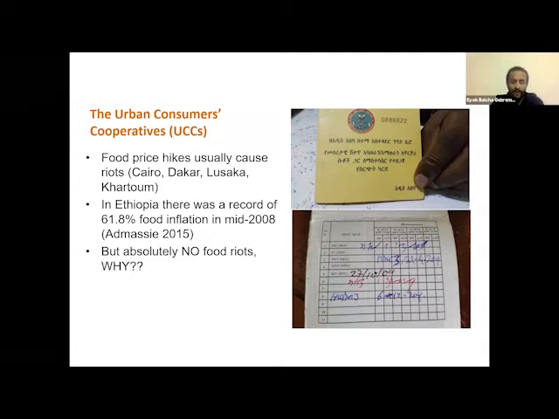But the PRDF also managed to infiltrate these cooperatives and use them as one aspect of political mobilization. Whenever there was an election or some politically sensitive situation, the urban consumers cooperatives became additional channels of political mobilization, along with the youth leagues and the women's leagues. Next slide.